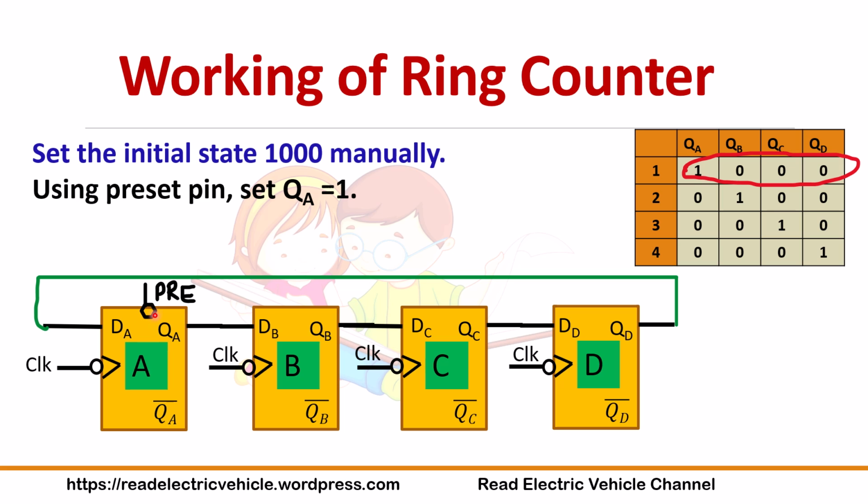This bubble symbol represents that it is an active low signal. It means that if I give a low signal, this preset pin will be active and QA will be 1. That is, the flip-flop will be set to 1. That is the use of preset pin. So by making this preset pin active low, my QA output will be 1.